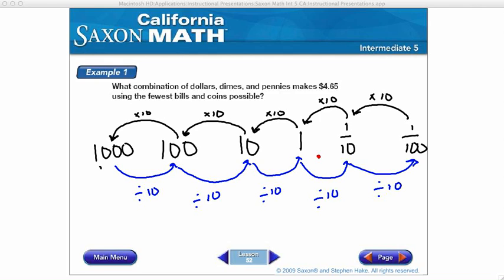And the reverse happens when we move back to the right. Every time you move one place to the right, you divide by 10. 1,000 divided by 10 is 100, 100 divided by 10 is 10, 10 divided by 10 is 1, 1 divided by 10 is 1/10, 1/10 divided by 10 is 1/100th, and here we have the name of our places.